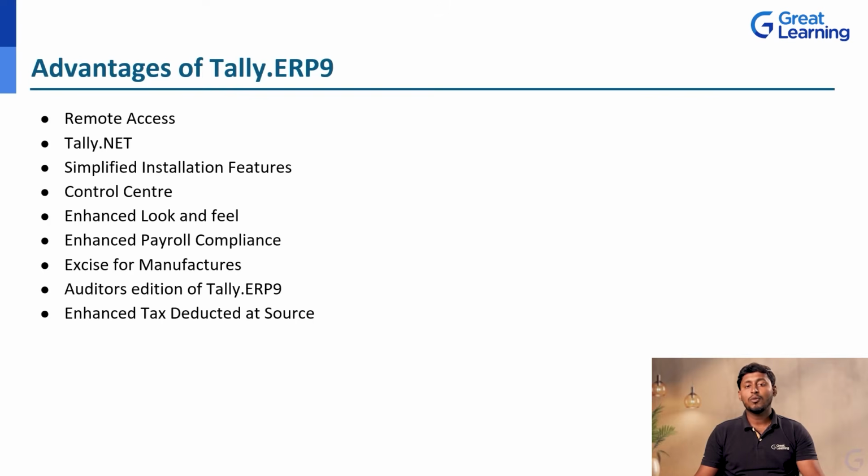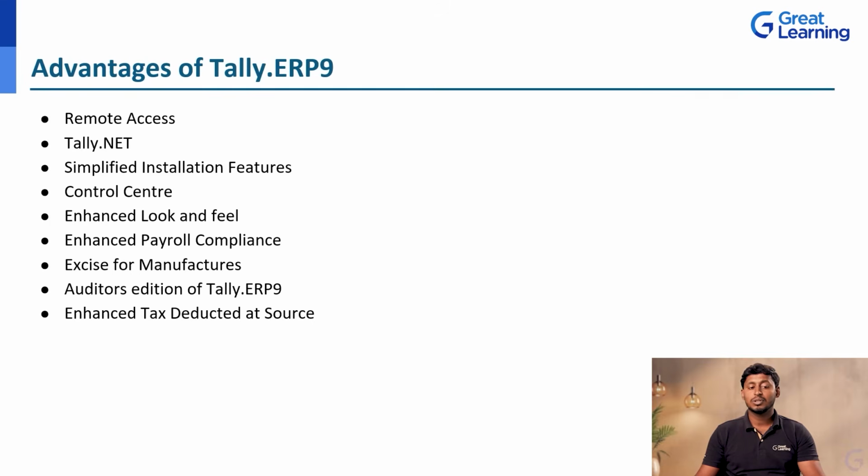Next, exercise for manufacturers. I have told so many times, managing the inventory in the organization is a very crucial part. So if the manufacturing sector is using this Tally ERP 9 software, they can easily reduce the time they spend on maintaining the inventory management in the organization.